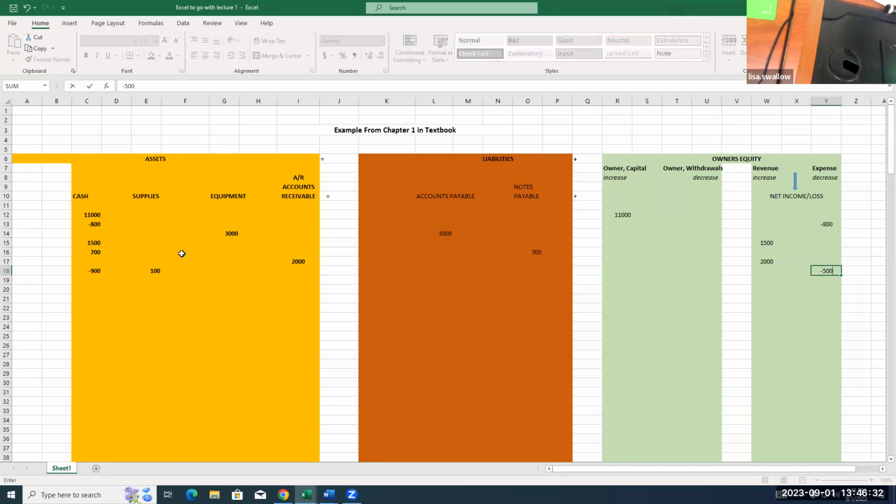And I am going to break those out, minus 500 and minus 300. Because expenses make my equity go down. By nature, the definition of an expense is using something up to earn revenue.